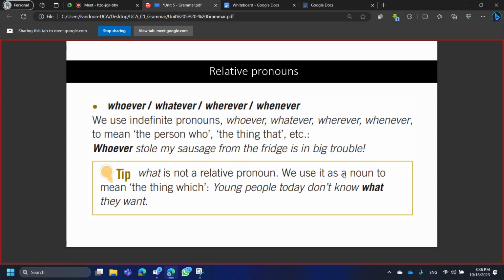We're using it just as a noun to mean the thing which. So you can say young people don't know the thing they want, or the thing which they want, or the thing that they want. Using what just reduces the number of words you have to use in your relative clauses. But technically it's not a relative pronoun.